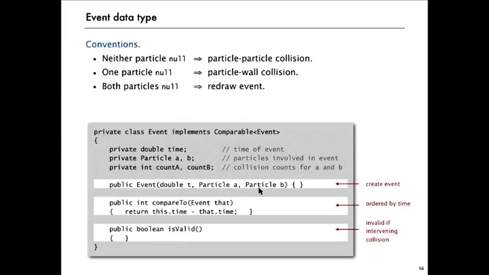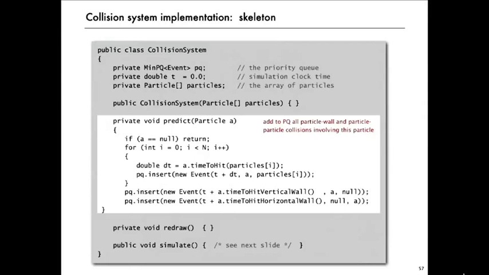If one of the particles is null, then we're talking about a wall, a vertical or horizontal wall. And if both particles are null, we just want to redraw things. That's a bit of a hack, but it cuts down a lot of code. Our compareTo is by time. And then, again, we need an isValid to check for intervening collisions.